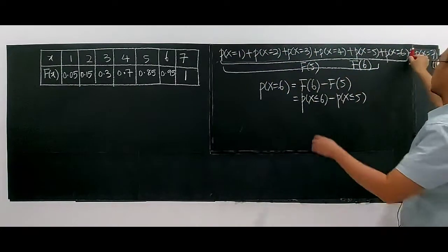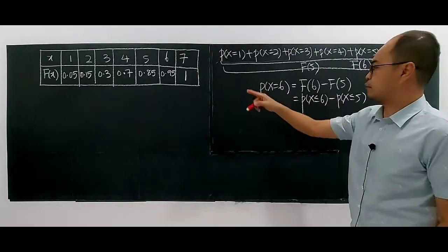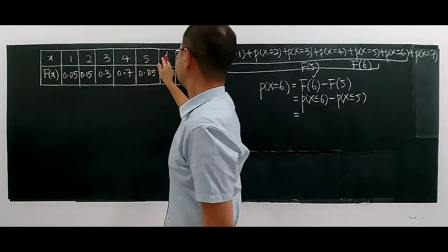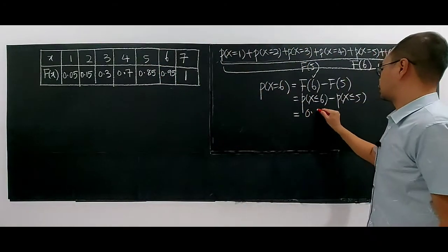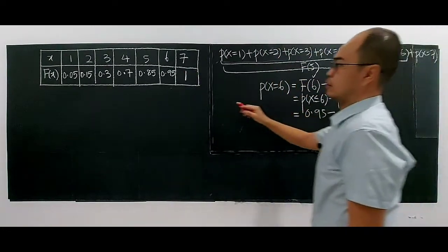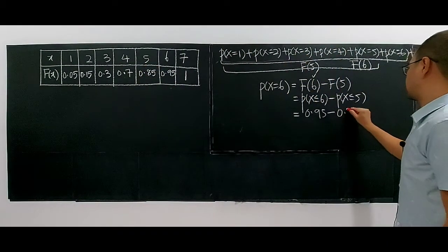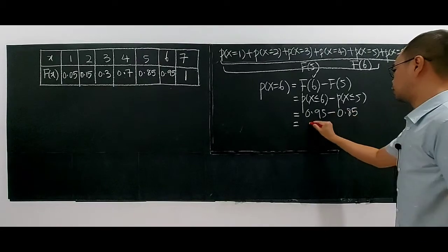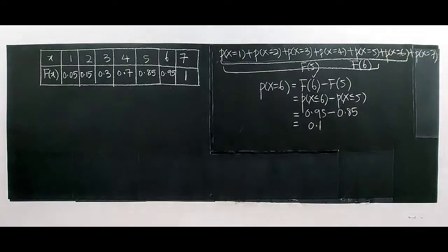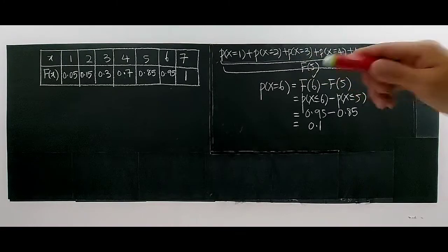If you take this whole thing minus away this one, you are getting P(X = 6). So you can read from the table, your capital letter F6 will be 0.95, minus away capital F5, the cumulative up to 5, which is 0.85. If you subtract, you are getting 0.1. 0.1 is the probability of x equals 6. Very simple. This is the way we understand it, right?